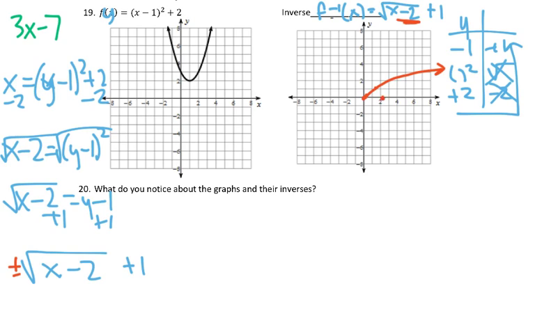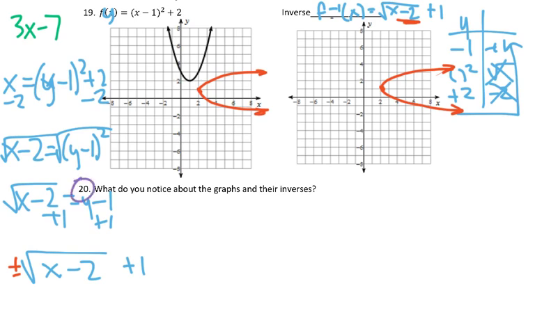So it'd shift over here and then up 1. So to the right 2 and up 1, that would be the vertex, and then it would look like this and like this if I'm matching it up exactly. Okay, so if I graph that on the same one, it would look like that.